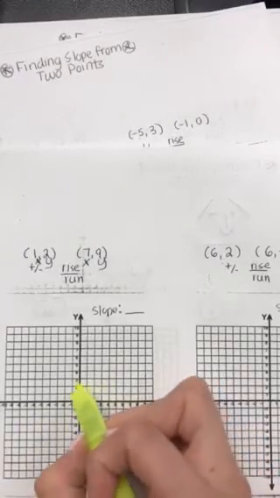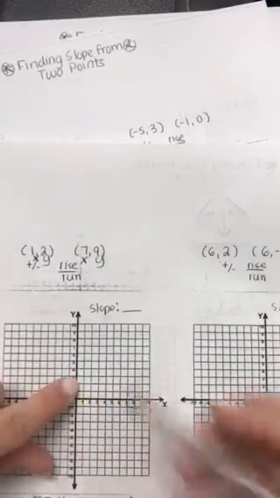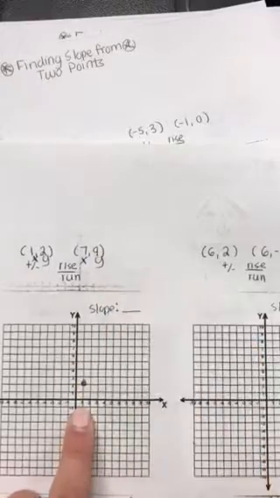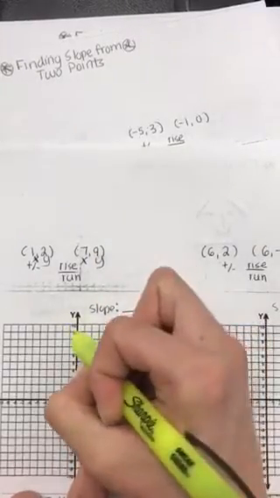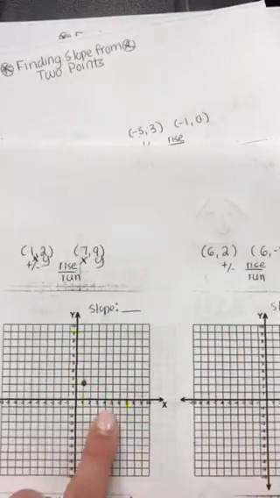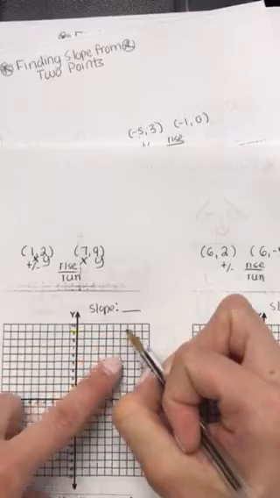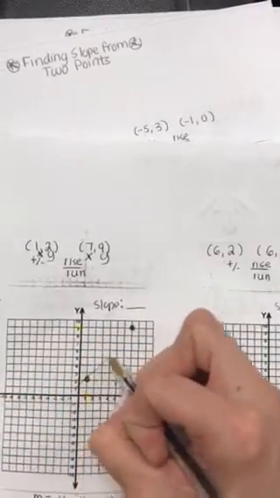Go to the Y axis, highlight your 2. And now let's bring the points together. Here's your point at 1, 2. 7, 9. Go to 7 on the axis, and then go to 9. At 7, 9, it should be right here. So let's draw our line.